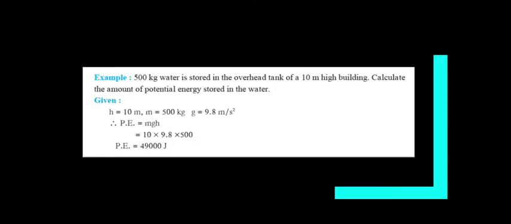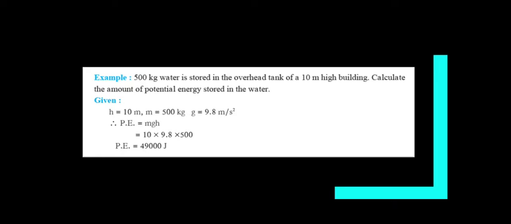Now let's solve an example based on that. 500 kilograms of water is stored in the overhead tank of a 10-meter high building. So h becomes 10 meter and mass becomes 500 kilogram. What we have to calculate is the potential energy stored in the water.